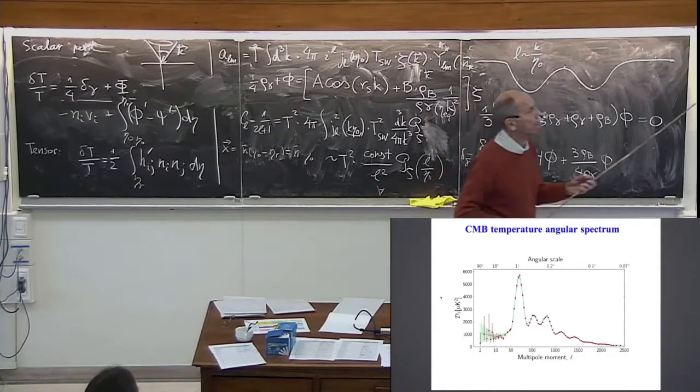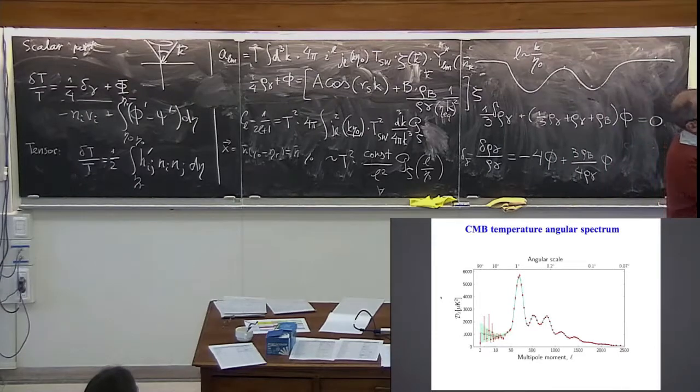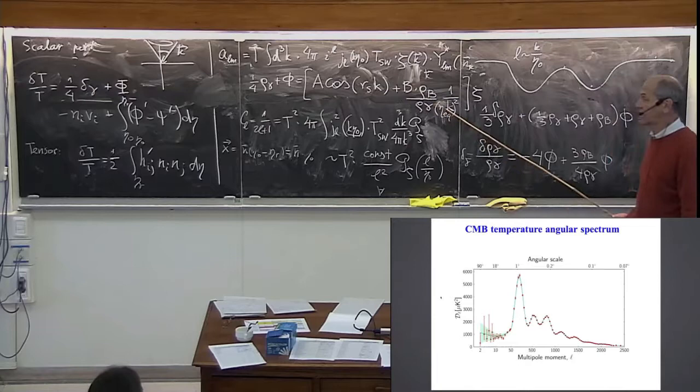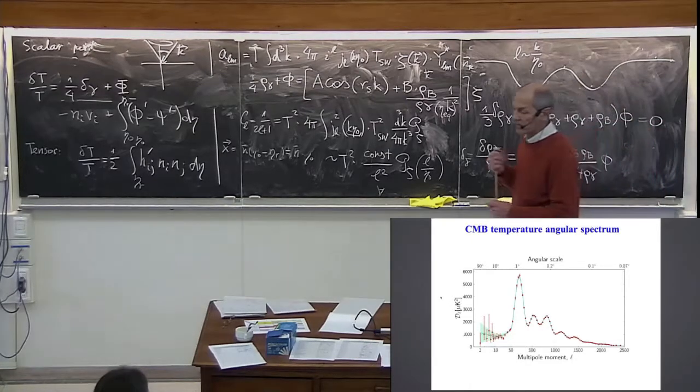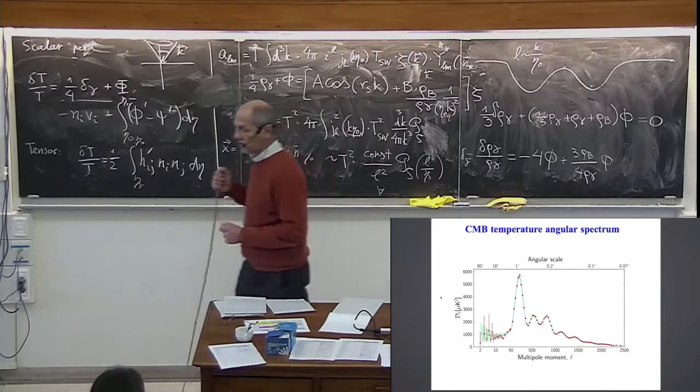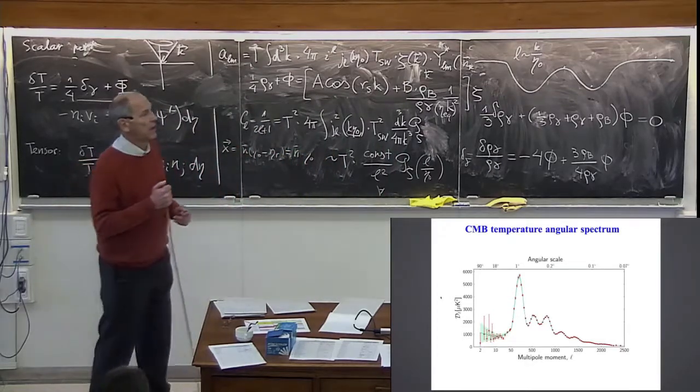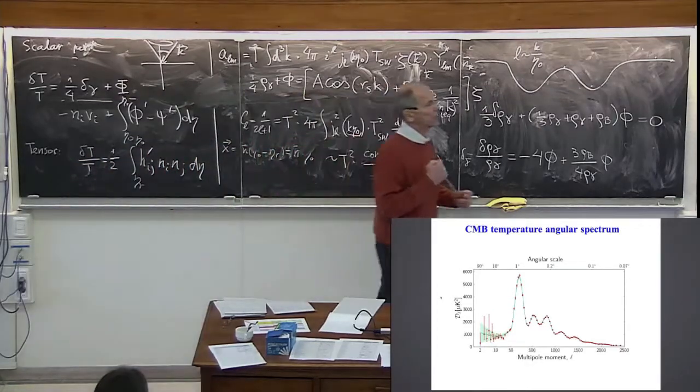figure, right? So first of all, there is an overall decline. This decline is due to 1 over k squared, basically. Now, the heights of these peaks are actually decreasing because of dissipation effects. The most important is the so-called Silk effect. It's beyond the scope.